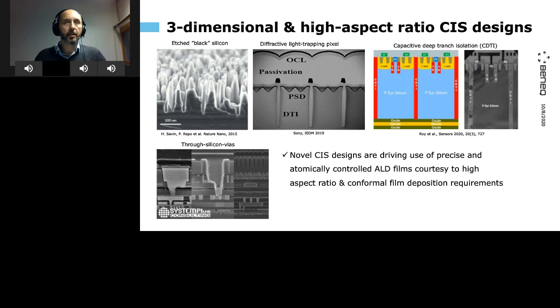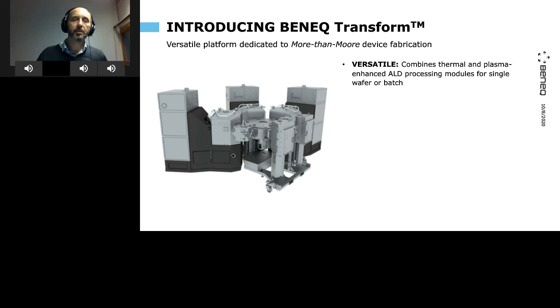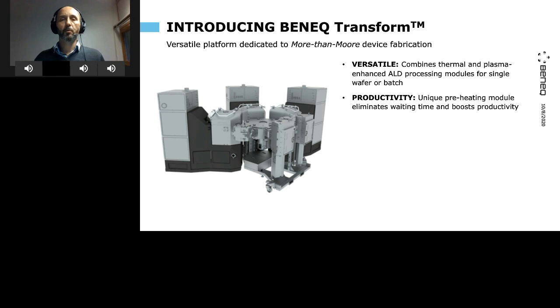Good news is that there is a tool out there that can put it all together, and we're proud to present Benck Transform. That's the ALD cluster tool that we've introduced, specifically designed and engineered for the More than Moore markets. A few unique features of that tool are the versatility in combining different processes, thermal batch together with single wafer plasma processing, and a large number of modules to increase the tool capacity and productivity.